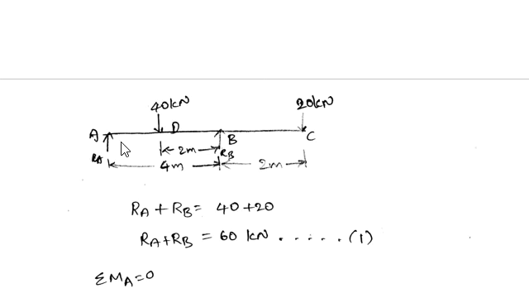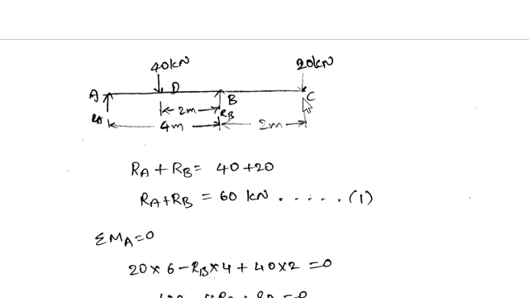So let us calculate the moments about A and equate to 0. Here the sum of clockwise and anti-clockwise moments must be the same, or the sum of the moments must be 0. Taking moments about A, the 20 kilonewtons about A is a clockwise moment, so taking clockwise as positive, 20 into 6, as the distance here is 4 plus 2, which is 6.